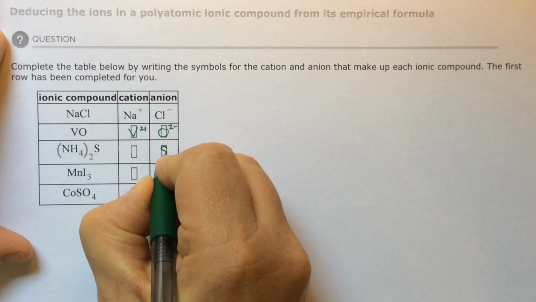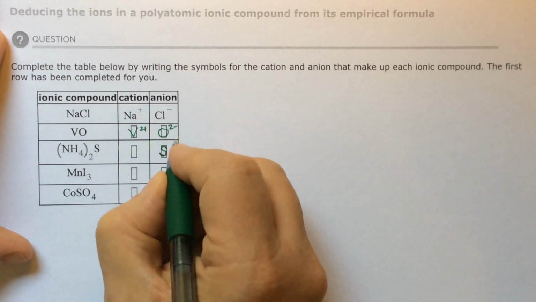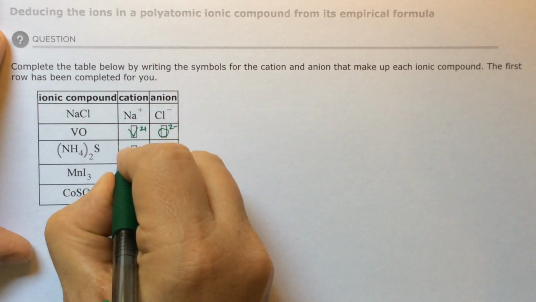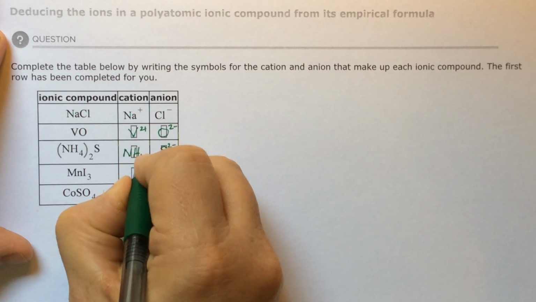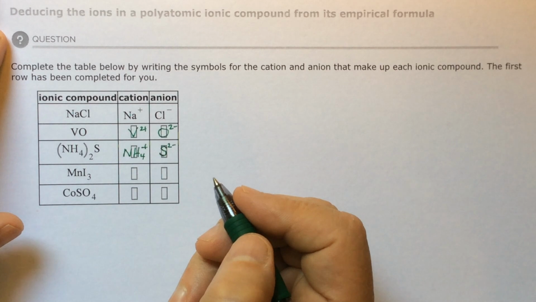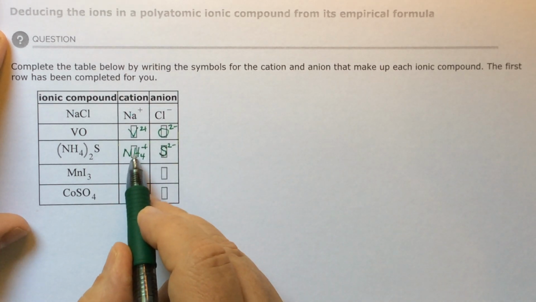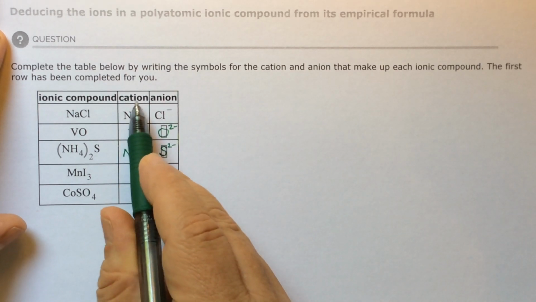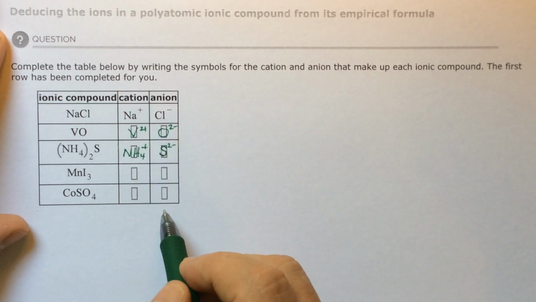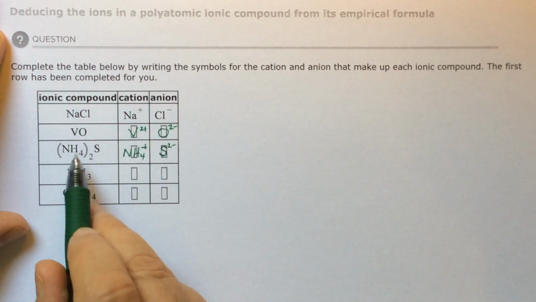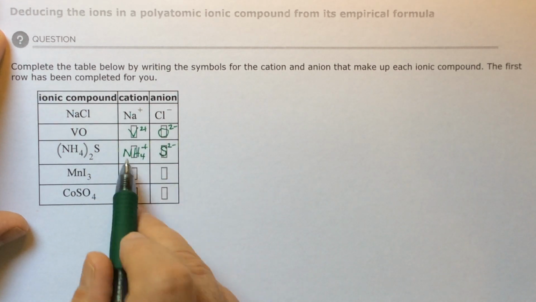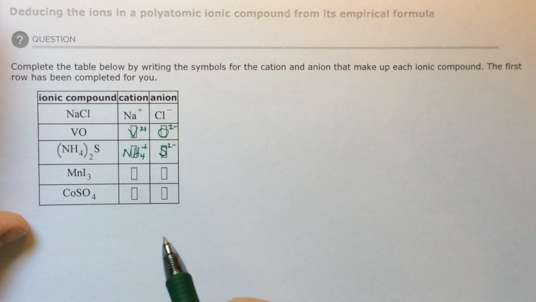So this is S, 2 minus, and then this has to be NH4, positive 1. Okay, so do you see what I'm doing here? These are not balanced anymore. This is what the natural cation would be. This is what the anion would be. I'm going backwards from an empirical formula back to the ions that make it up.